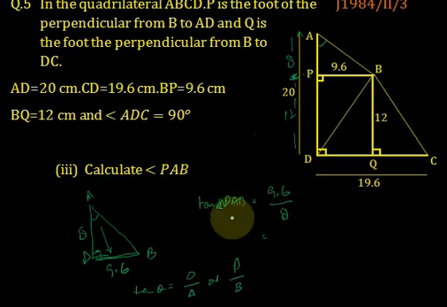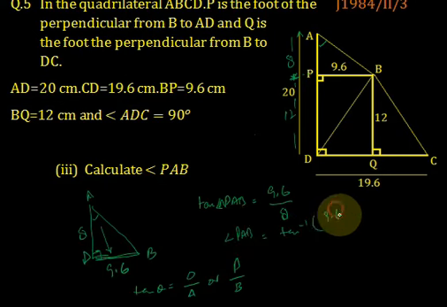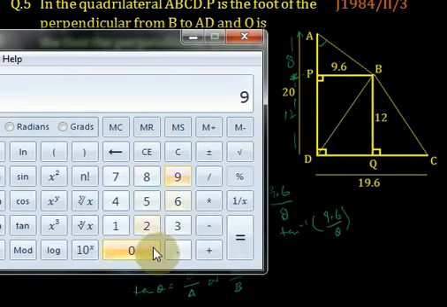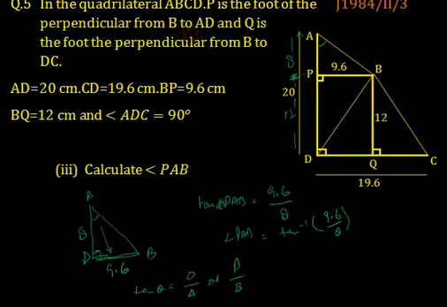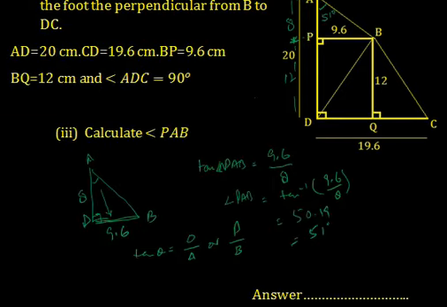We can find the angle PAB as tangent inverse of 9.6 divided by 8. Now we use the calculator. 9.6 divided by 8, then inverse tangent, gives 50.19. So the answer is angle PAB is equal to 51 degrees.